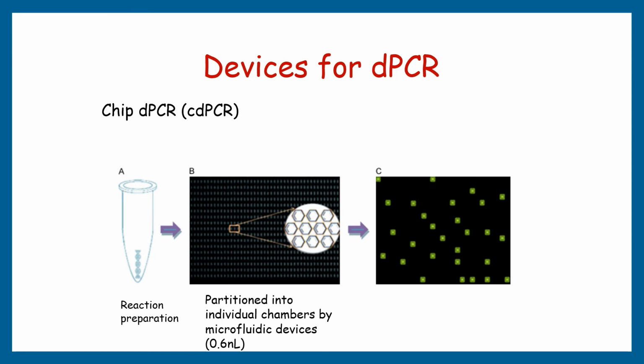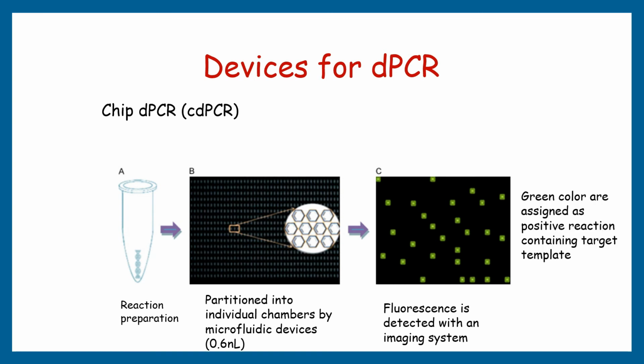Each reaction chamber is approximately 0.6 nanoliter in volume. After cycles of reaction, fluorescence is detected with an imaging system and an inverted microscope. The reaction chambers with green color are assigned as positive reactions containing the target template. Then the copy number of the target sequence is calculated with imaging software.